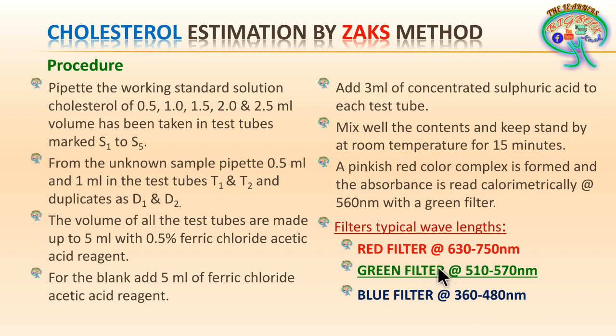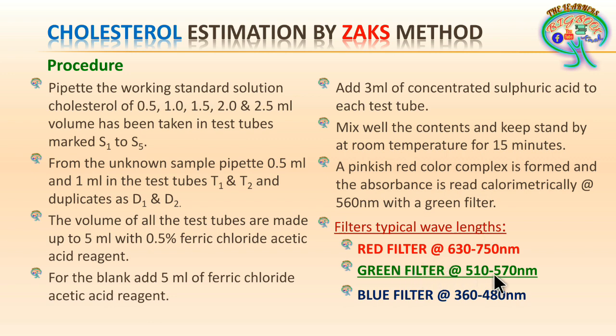So if you take the green filter, with its help you are going to measure the absorbance between 510 and 570. As we are measuring at 560 nanometers, the green filter is the appropriate one to measure this red or pinkish red complex which is formed after the reaction.